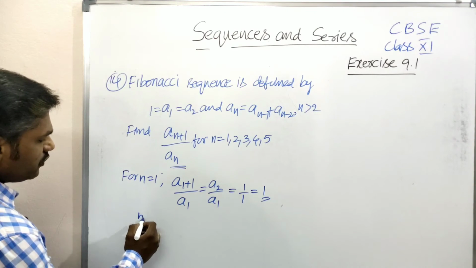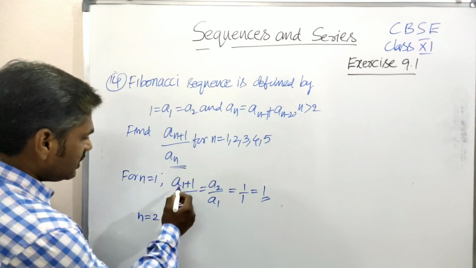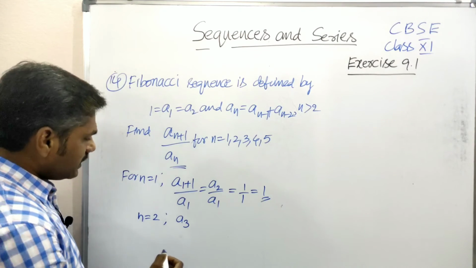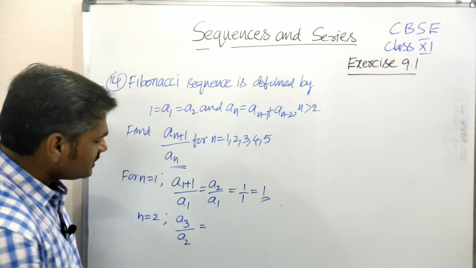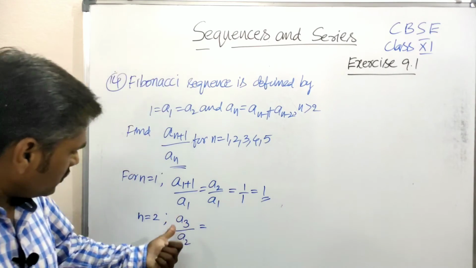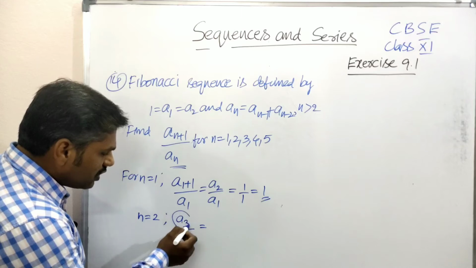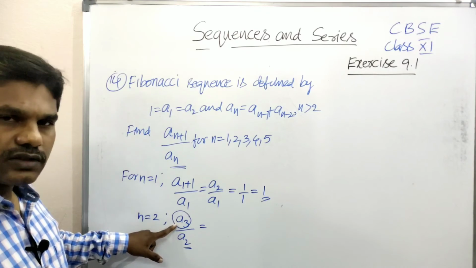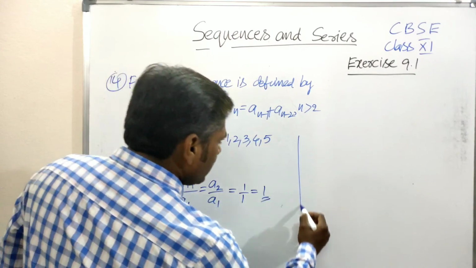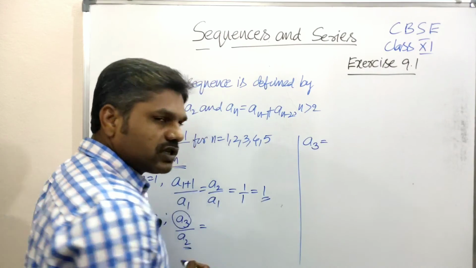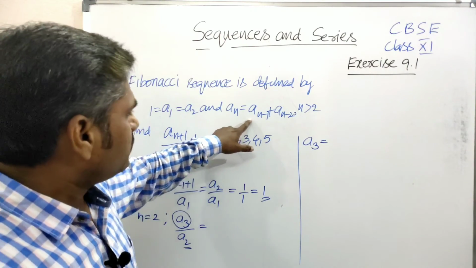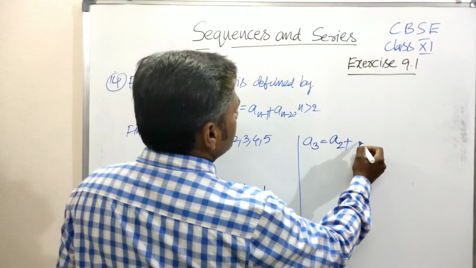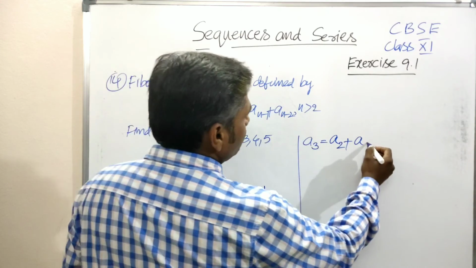Next, if you put n is equals to 2, then 2 plus 1 becomes a3 by a2, which is the ratio of the third term to the second term. But we don't have the third term, you only have the second term whose value is 1. So first find the third term, using the given formula for the nth term. a3 is equals to a(3 minus 1) plus a(3 minus 2), that is a2 plus a1.